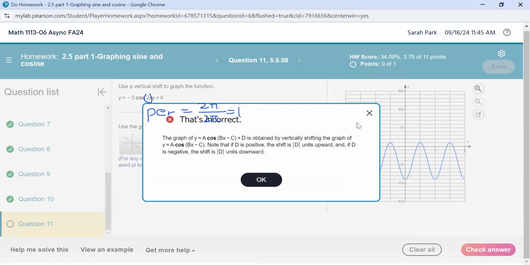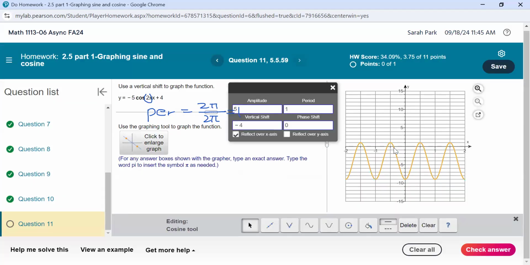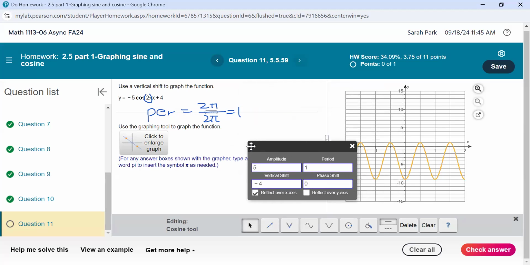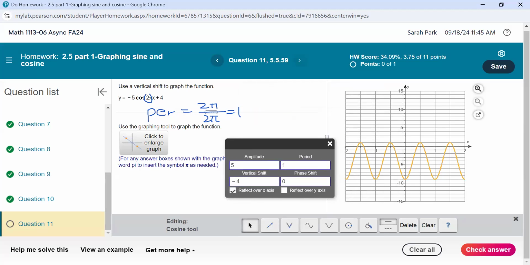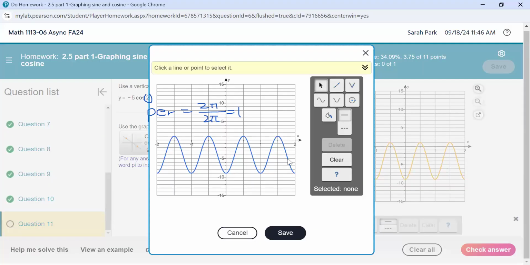I got it wrong, so let's see why. Yeah, let's double check what I typed into the thing.